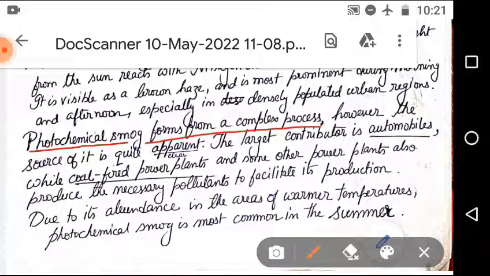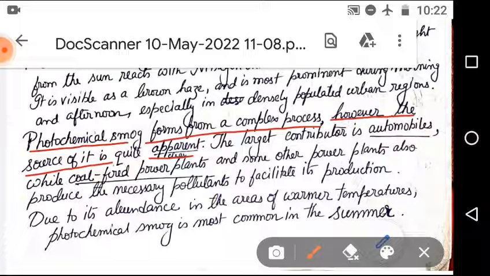However, the source of it is quite apparent. We know who the contributors of this photochemical smog are, but the series of reactions that produce it is a bit complicated. So I'm not going to show the reaction here, but we are going to show the source.